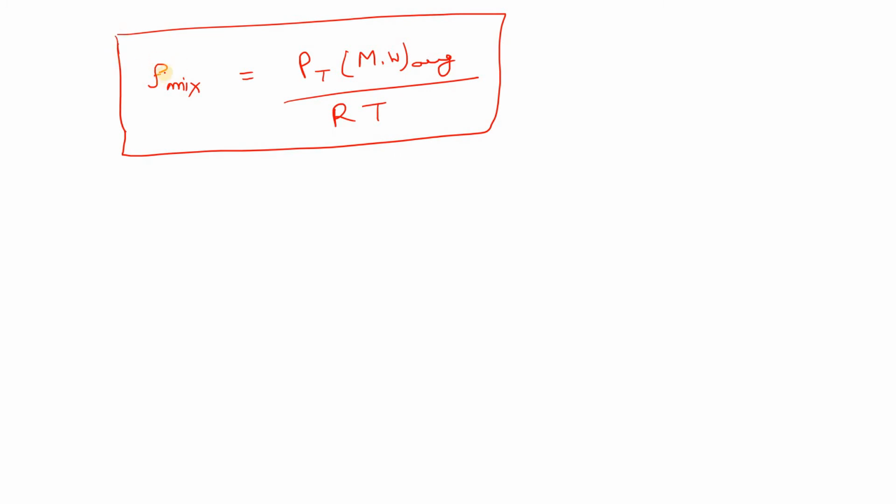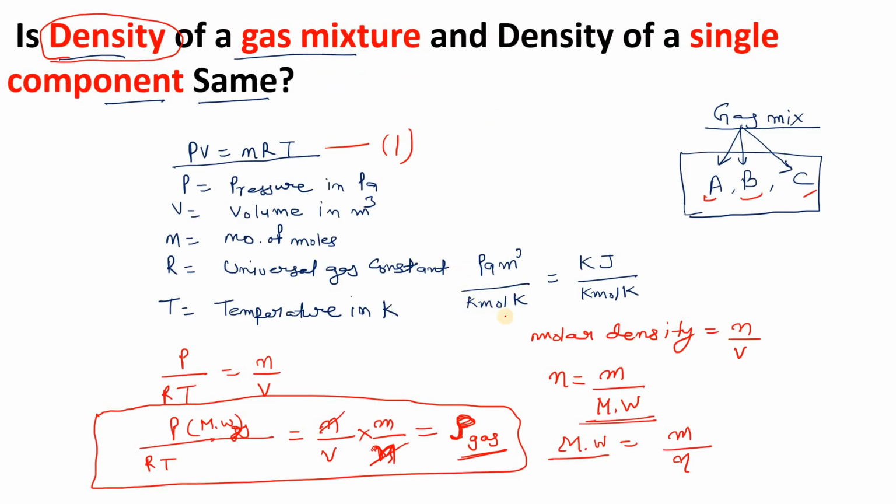If there are suppose three components A, B and C, or two components, that is a binary mixture, and I have to find the density of the mixture, I'll use this formula: P total times the average molecular weight divided by RT. But if I have to find the density of a gas, only a single component, then the molecular weight will be only of that single component.